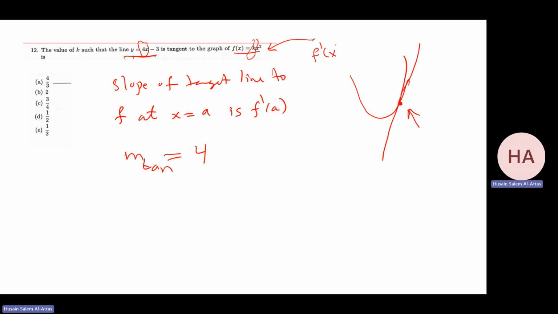F prime at x equals what? Equal to kx. These two should be equal, that should be equal to f prime at a. Assume this point is at x equals a. I just put it, huh? That should be equal to ka. Two variables now. Okay.